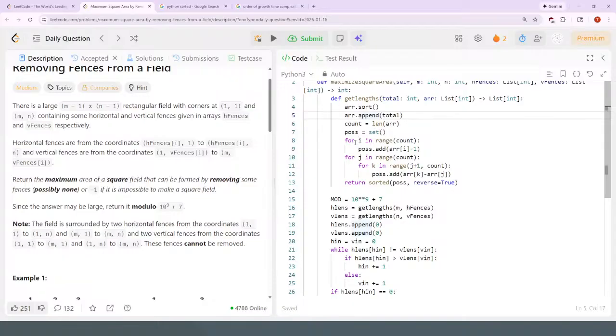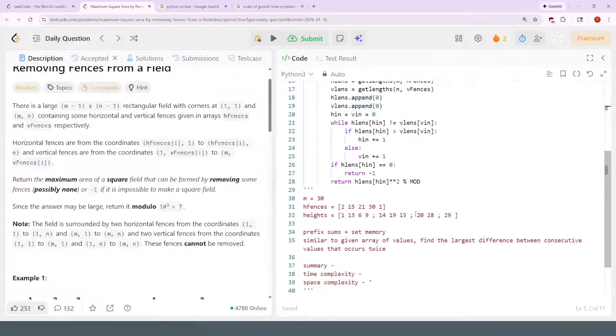What would happen if I had 29 to start with, which is 1 to 30.